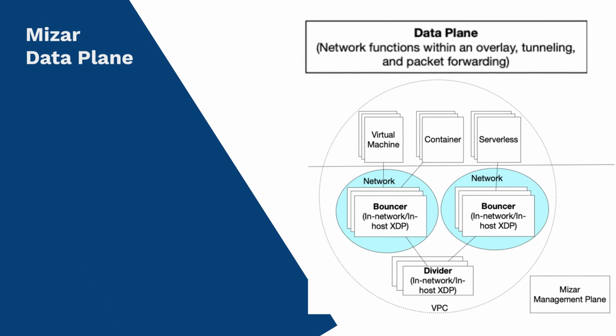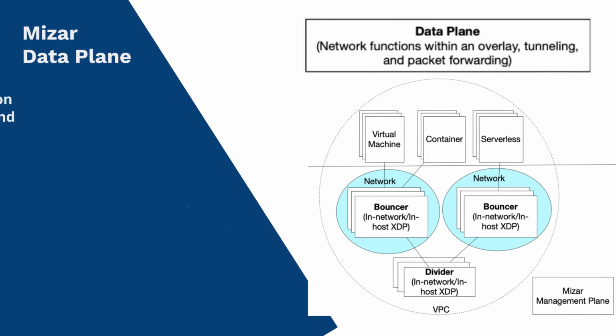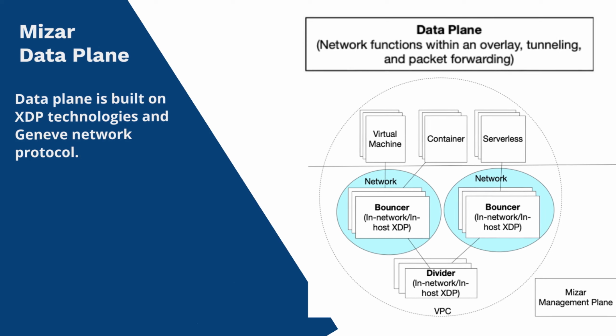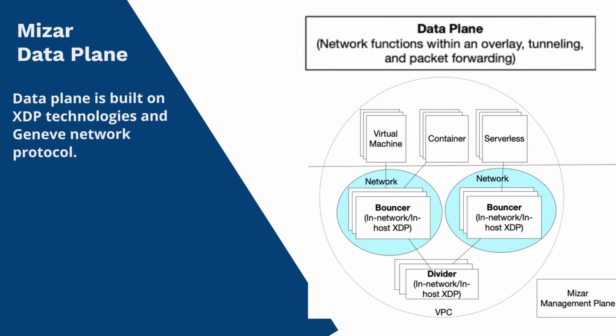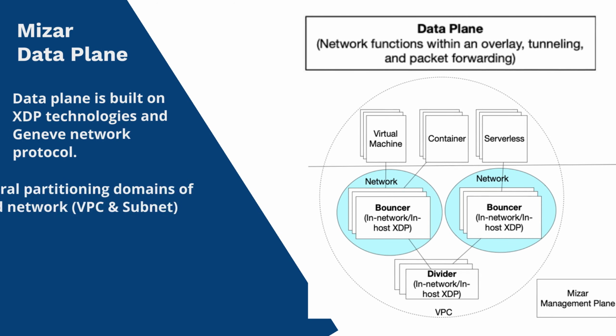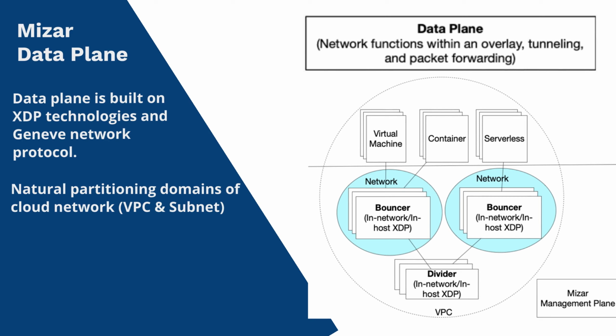As mentioned, Mazar's data plane is powered by XDP technologies and the GNeed network protocol. Mazar data plane leverages natural partitioning of a cloud network such as VPC and subnet for fast and large-scale network endpoint provisioning for tenant VMs and containers. It introduces new abstract components called bouncers and dividers.